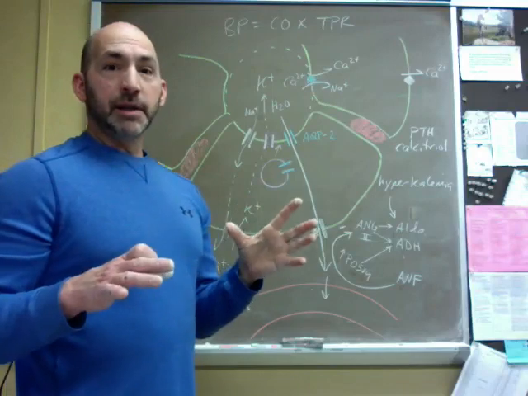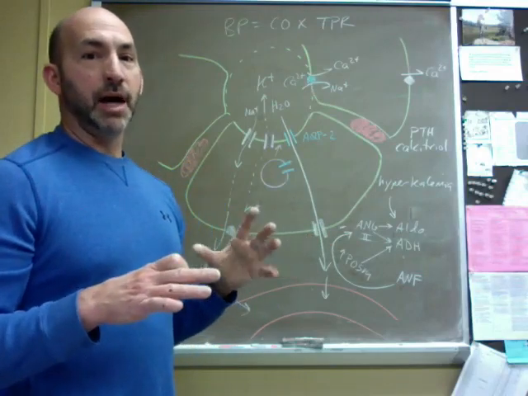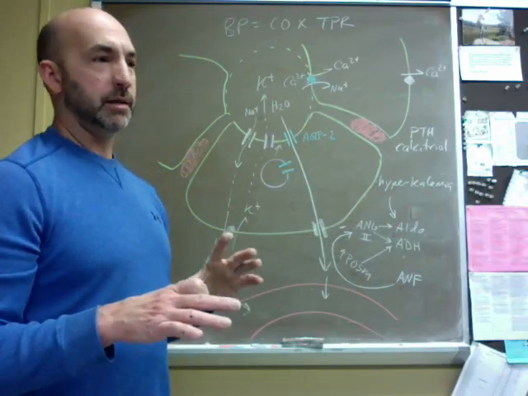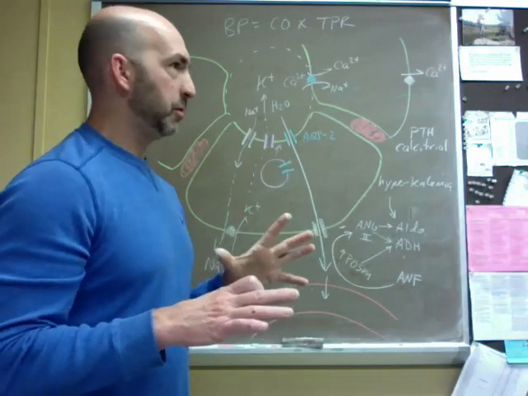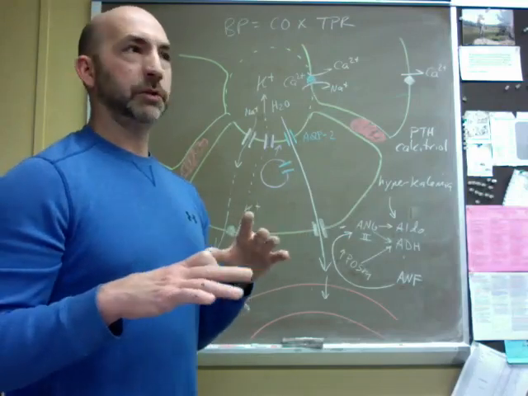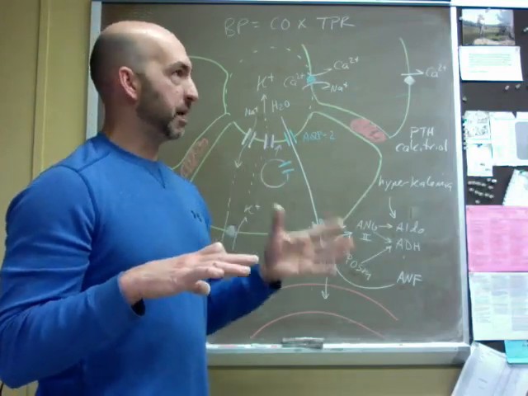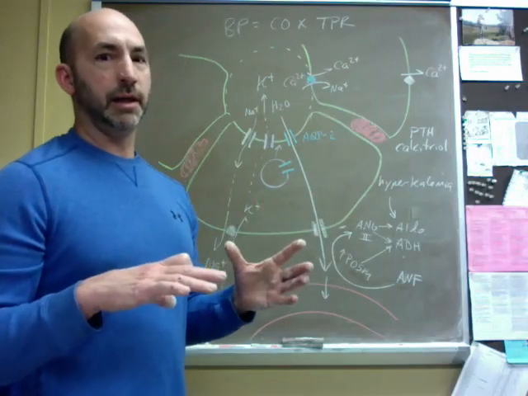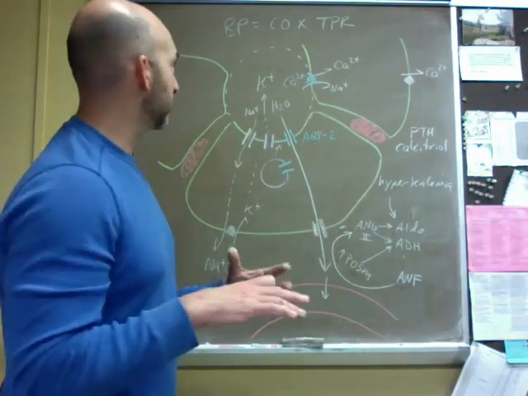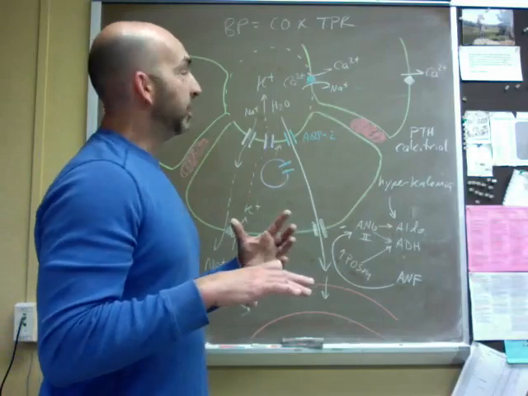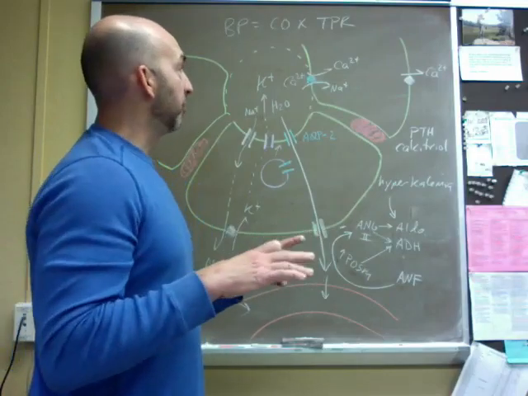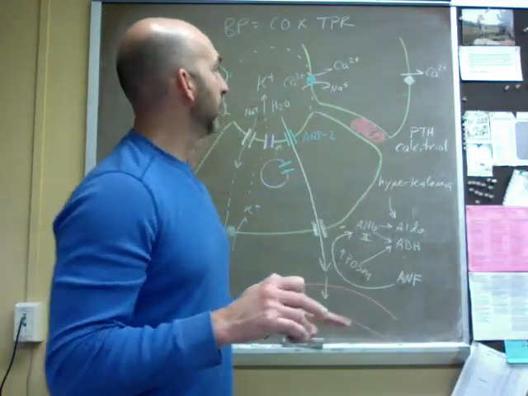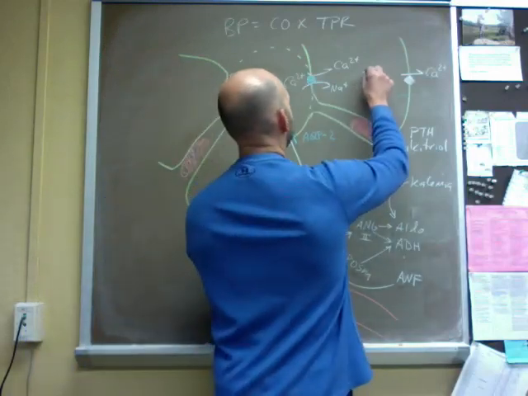But the problem here is that calcium tends to stimulate lots of things inside the cell, right? Calcium tends to activate second messenger systems and all sorts of things, or play a part in second messenger systems. And so we need to regulate the free calcium inside the cell. That's where calcitriol comes in. Calcitriol forms what's called calbindin.